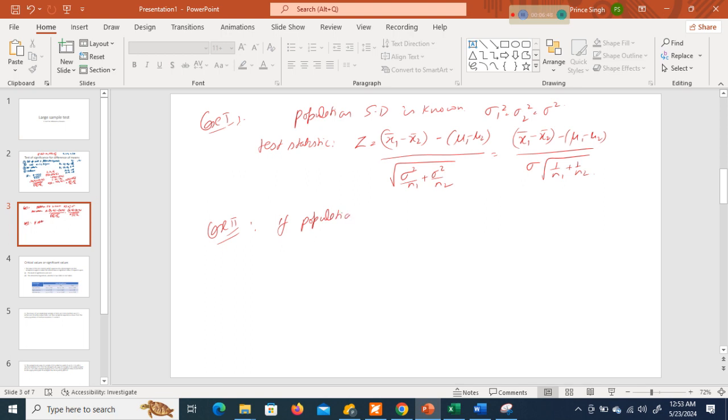If the population standard deviation is unknown, then your test statistic will be, using the fact that the expectation of S square is approximately sigma square for a large sample.